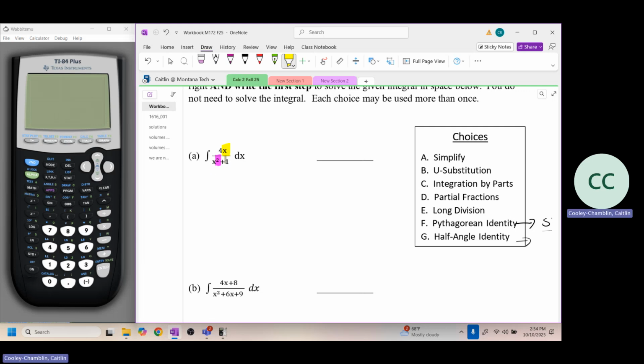If I took a U substitution and I let U be x squared plus 1, so du over dx is 2x, so du over 2x equals dx. Notice that those would cancel. All my x's would be canceled. So it is definitely U substitution. So this is a U sub.